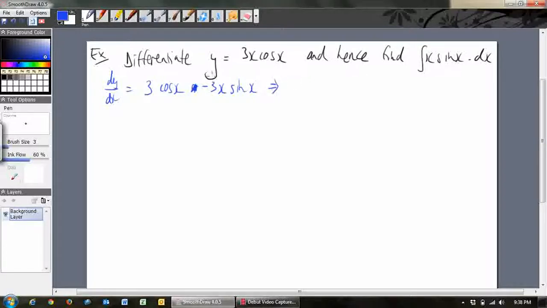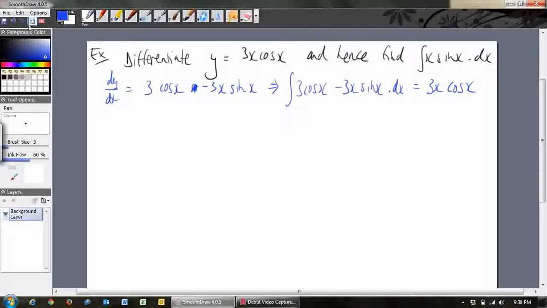What this means is that the integral of this is equal to y, okay? So there we go. So we've got the integral of 3 cos x minus 3x sine x dx. So the integral of all of that is equal to y, which is 3x cos x.